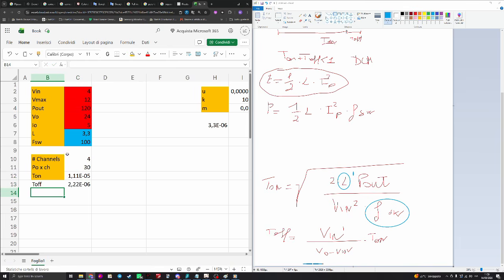Okay, now let's verify that the condition, of course, is less than 1. So this one is T off. Let's see that the condition is that T on plus T off. But of course, we have to compare it this time.